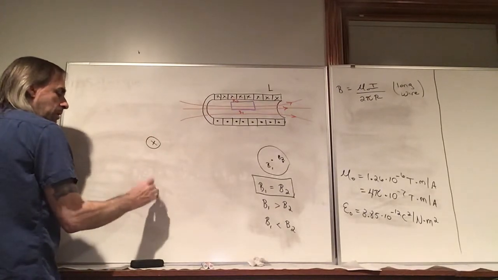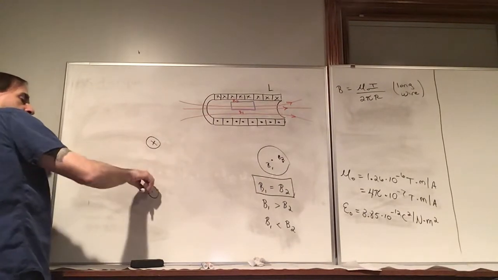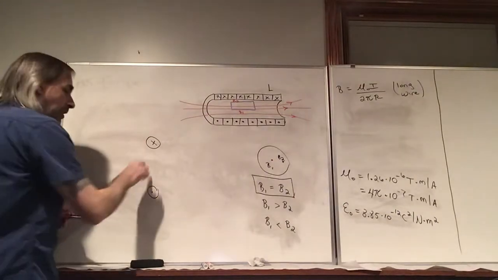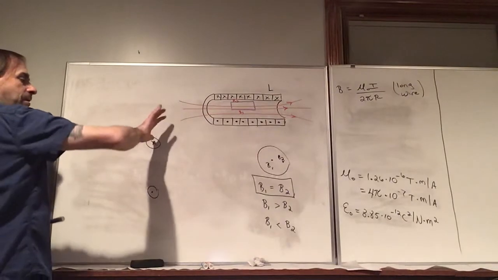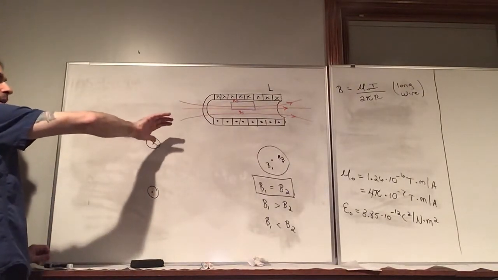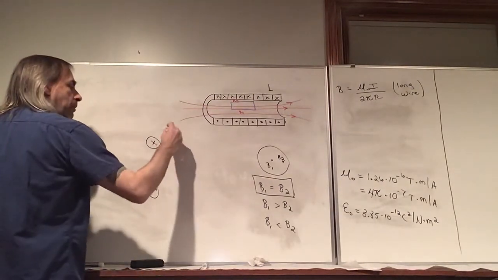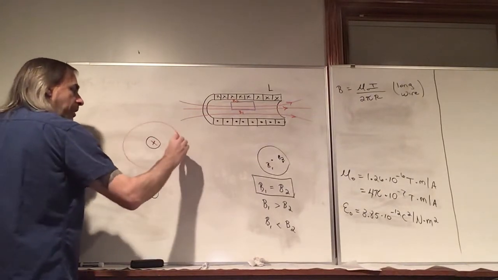So the wire is going into the board here, wraps around, it comes out here, forms loops like this. Let's just look at down here. This wire on top, for the right-hand rule, put your thumb in the direction of the current, and so it would create a magnetic field that would loop around like this, going in this direction.